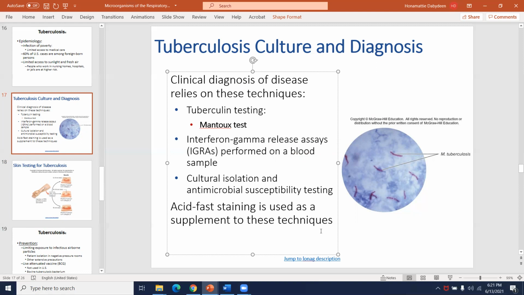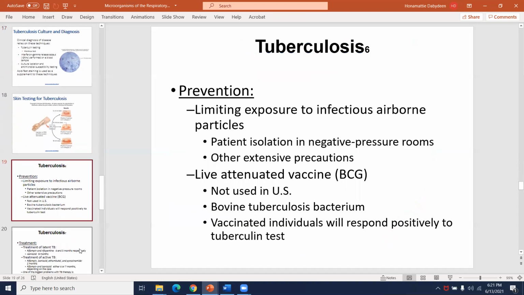I already mentioned the x-rays and looking for those infiltrates. How do we prevent TB? Well, we get TB by inhaling the organism. So I guess we can prevent TB by limiting our exposure to those infectious airborne particles. Patients are generally put in isolation when they have TB. Nowadays, we do have what we call universal precaution. That is true.